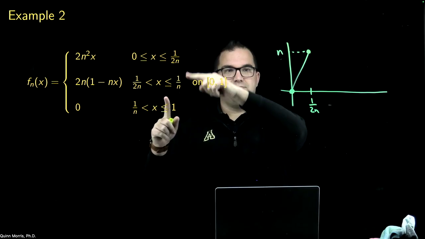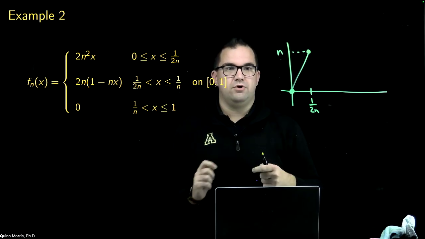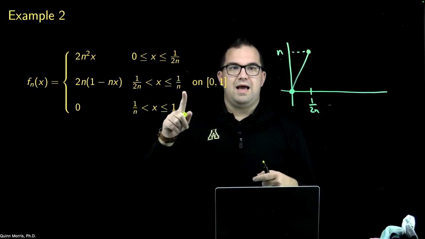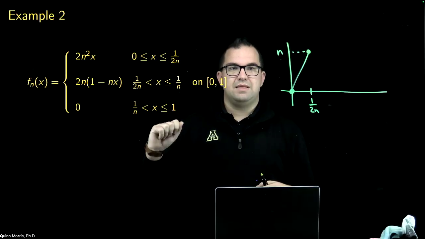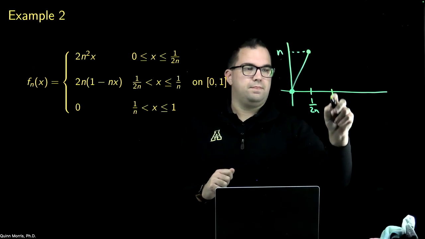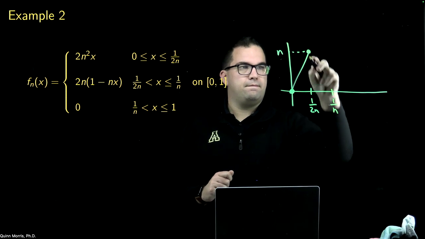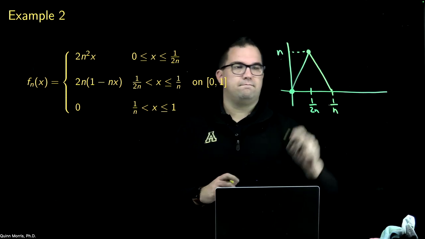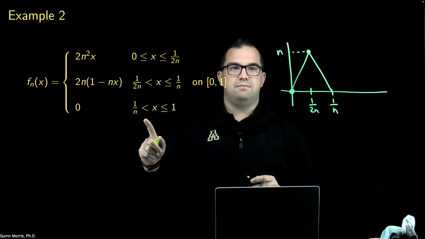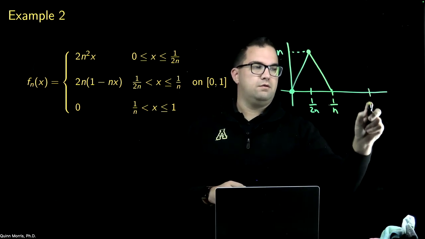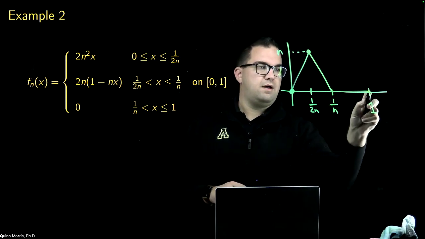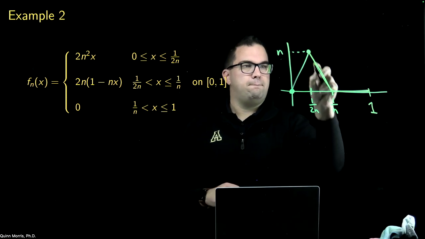That matches up and makes these continuous at 1 over 2n. And at 1 over n, if I plug that in, it has the value 0. And for everything bigger than 1 over n up to 1, my function is simply 0.